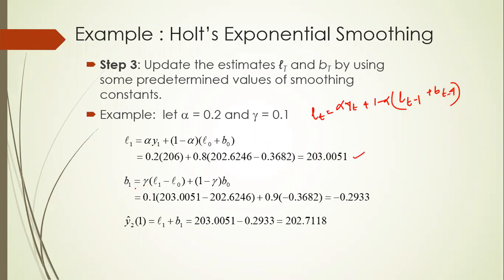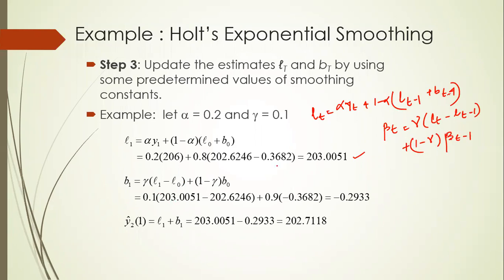Then we come to the growth part. Now the growth estimate is going to be again gamma times L1 minus L0. So we know that the growth Bt is equal to gamma times (Lt minus Lt minus 1) plus (1 minus gamma) Bt minus 1. So what do we have here? L1 minus L0.